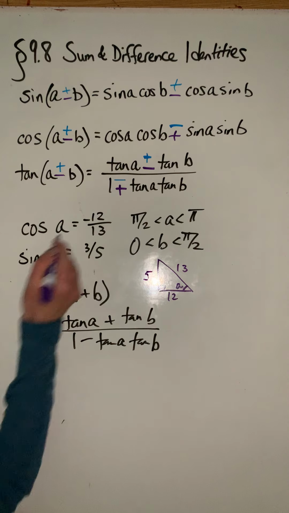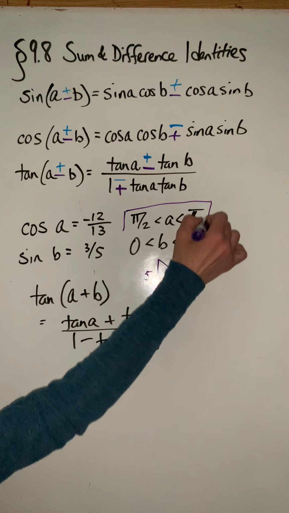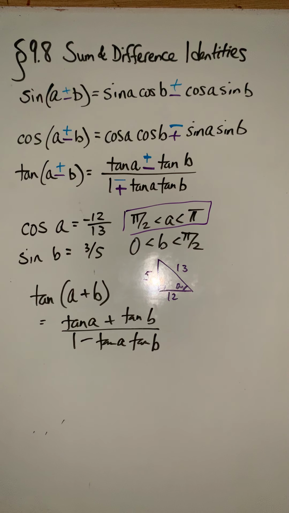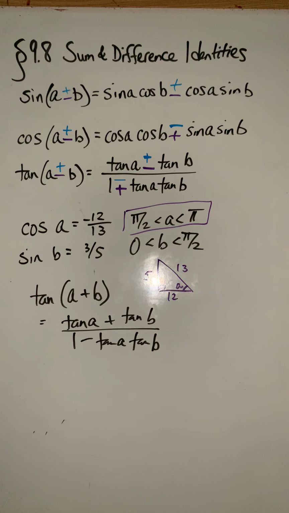Okay, so let's go back to this whole negative issue for a second. We know that A is between pi over 2 and pi, right? That's what determines whether this is a positive or negative value. Which quadrant are we in, or where does A terminate if A is between pi over 2 and pi?